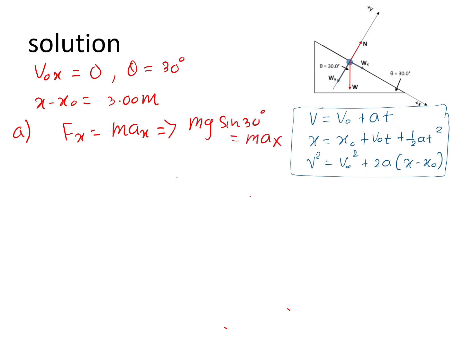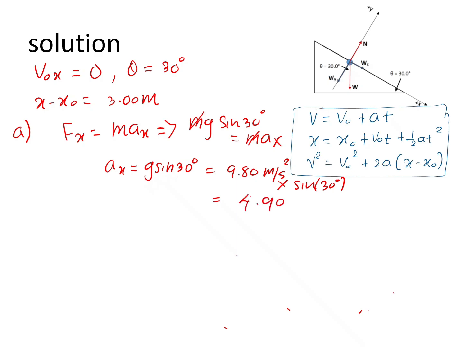Now as you can see, m cancels out, so we find a x is equal to g sine 30, and g is 9.8 meters per second squared. Multiply by sine 30 and you find a x is equal to 4.9 meters per second squared.